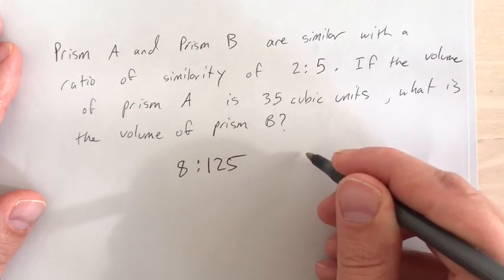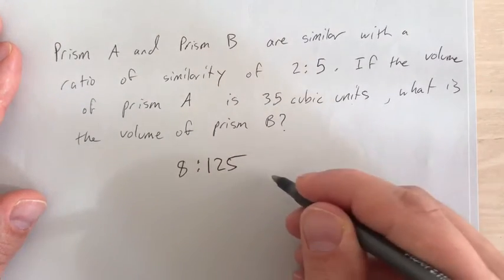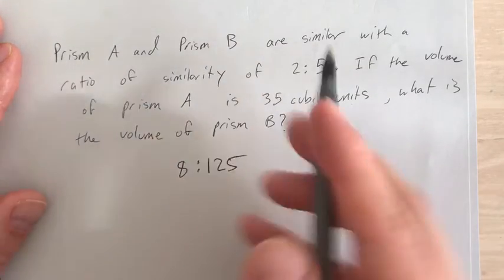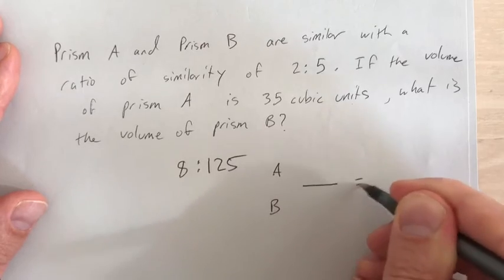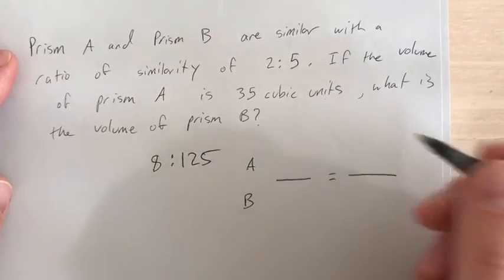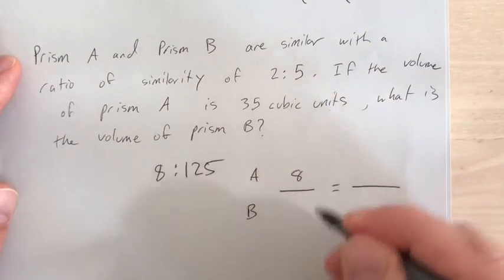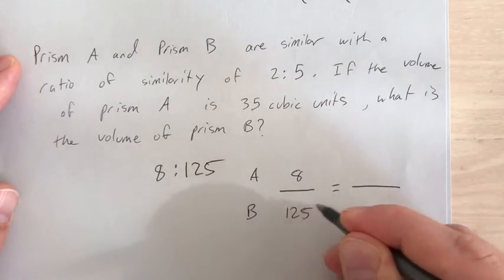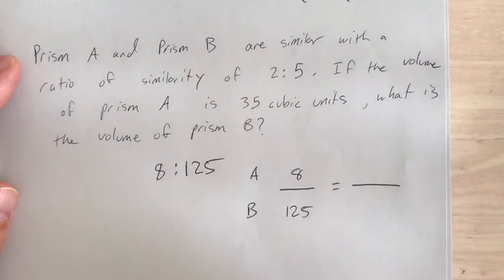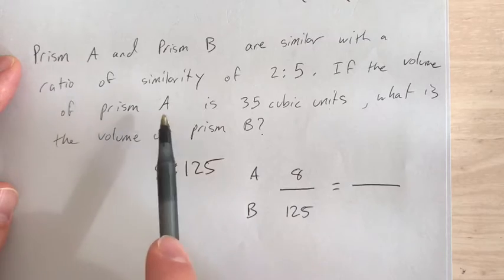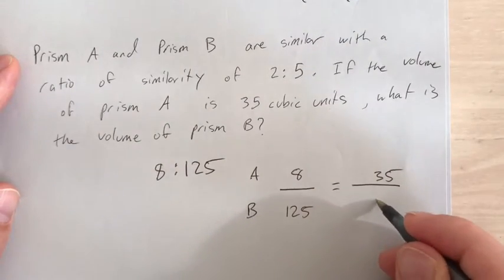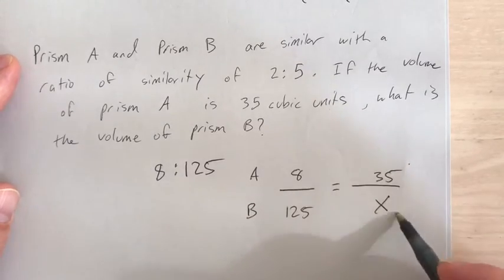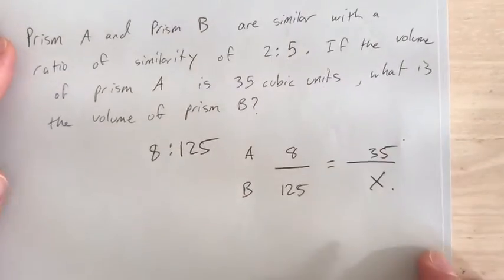So I'm going to set up my first fraction. And again, because we're dealing with A and B, we'll think of it like A on top, B on bottom. A on the top would be 8. B's would be 125. That would be the ratio for the volumes. If the volume of prism A is 35, what is the volume of prism B? So again, A on top, B on the bottom. We don't know B, so that's why X is on the bottom.